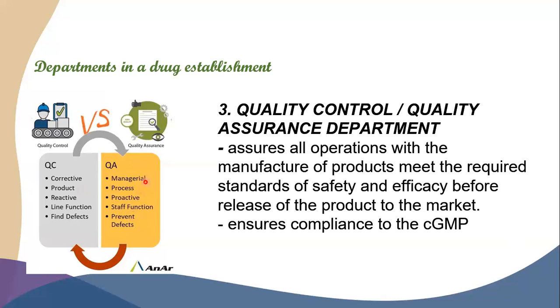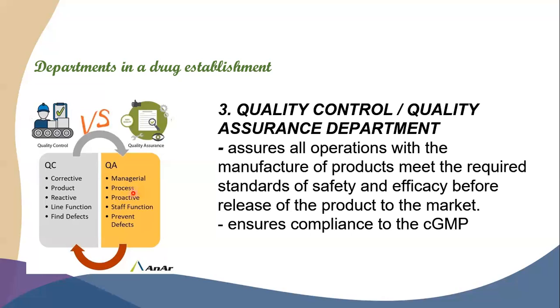Then in QA, this would be naman, how could you prevent all of those defects from happening within the production line? So this could be from staff function. This could be from the process. This could be from managerial, on how you handle the production of your drugs.